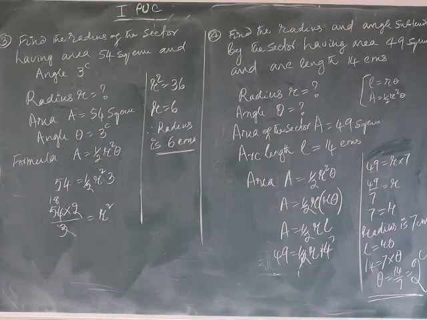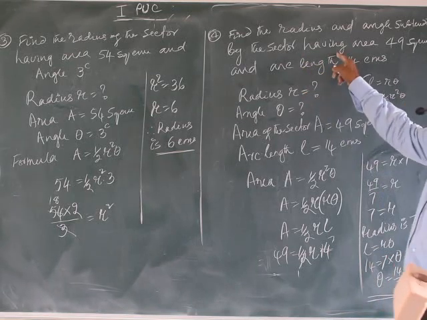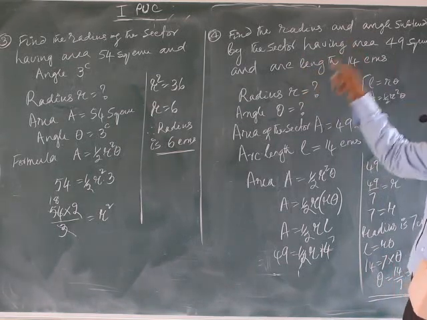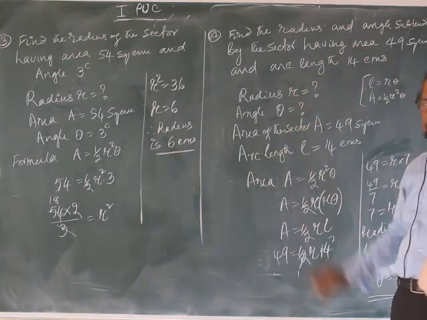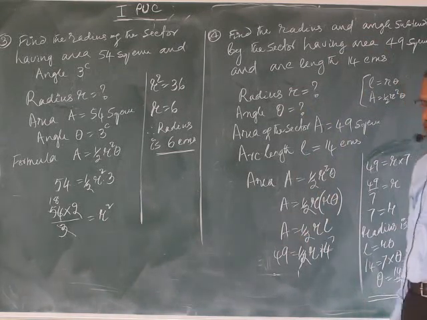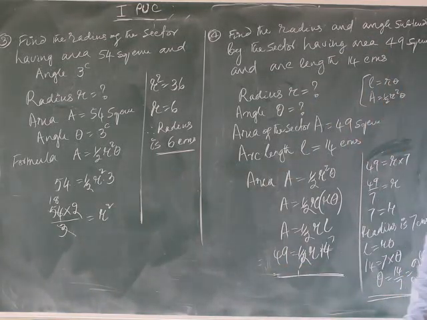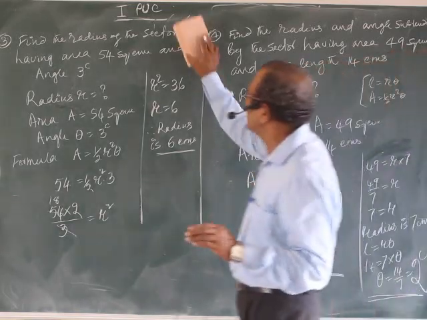See the problem once again. Work it out yourself without seeing the notebook. Given the area and arc length, you must be able to find the radius and theta. But here you have to use both the formulas together. These are the things about the formula: A equal to half r square theta.